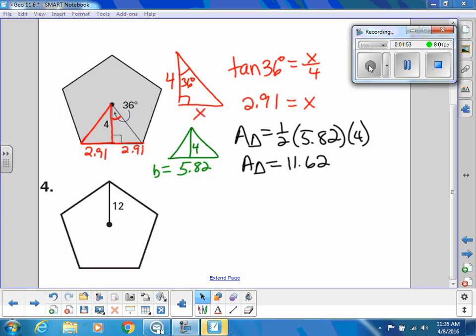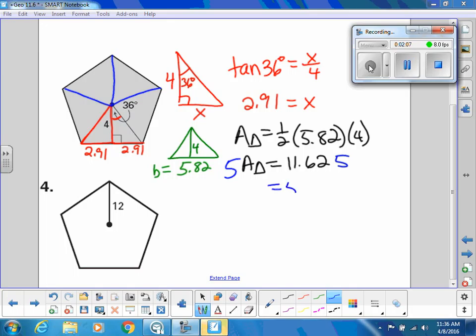Now in this one, we have a pentagon, so how many triangles are we going to have? We're going to have 5 of them. So I need to take 5 times my area of the triangle. So if I do that, I'm going to get 58.12, and that's going to be the area of the polygon, or of the pentagon.